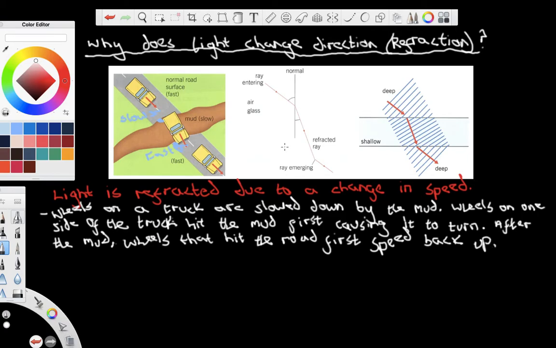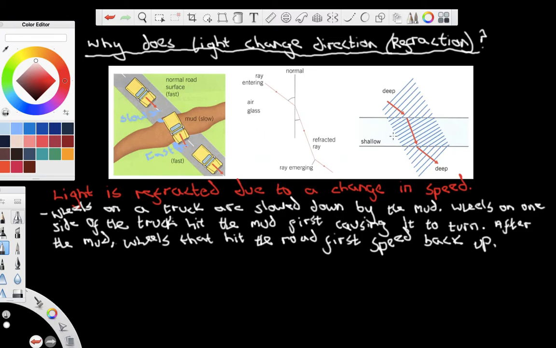So when this car is travelling towards the mud, the wheels on this side, which hit the mud first, slow down, but the outer wheels remain fast. That causes the car to tilt and turn this way, turn downwards. As it drives down here, these wheels hit the tarmac first, causing them to speed up faster than these ones, bending the car back round to its normal direction.